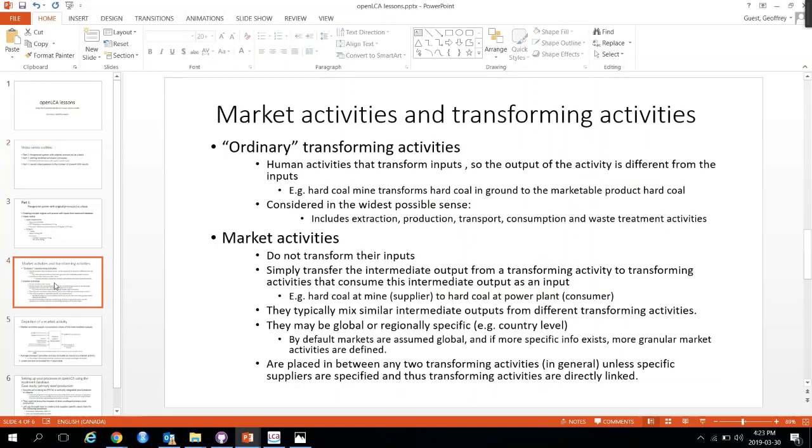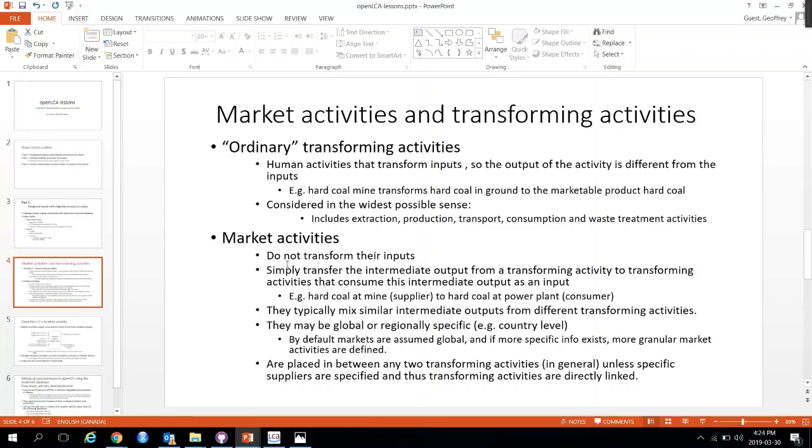So it's important to understand that ecoinvent database now, after version 3, has sort of categorized its processes into either ordinary transforming activities or market activities. Ordinary transforming activities are basically activities that are undertaken to transform inputs into a new output, right?